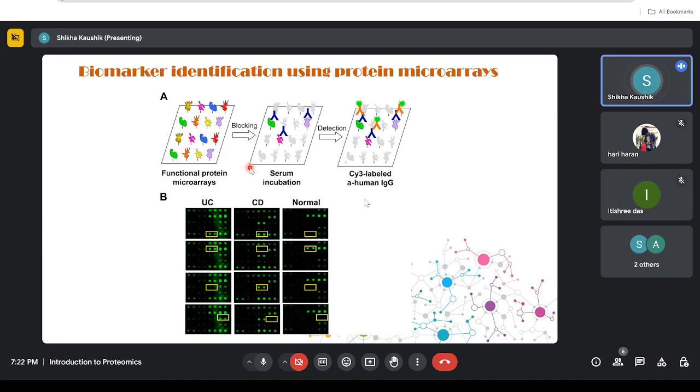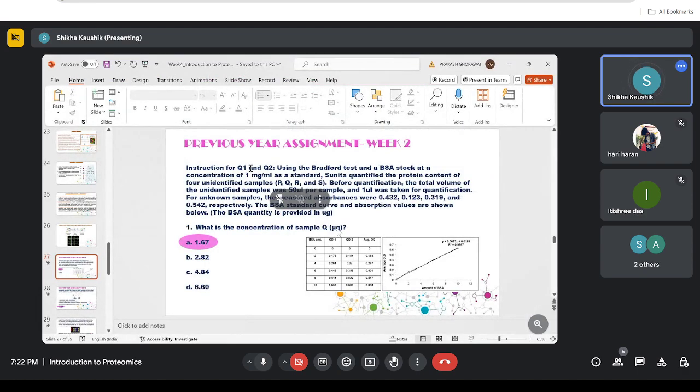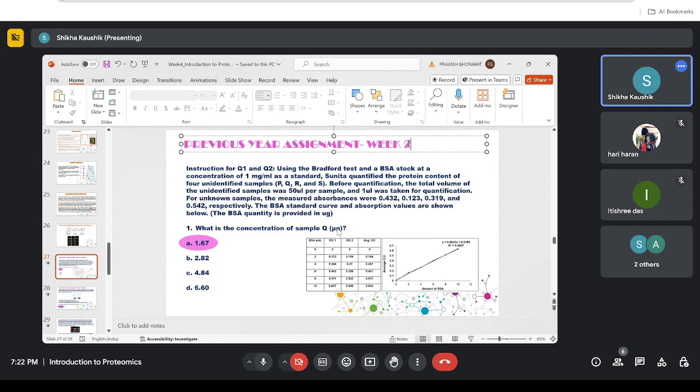Shall I move to the previous year week 4 assignment actually? Sorry. So this is the week 4 assignment. Yeah, so it is the previous year week 4 assignment.